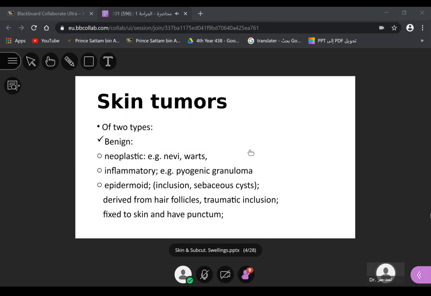These are examples of benign skin swellings. Nevi and warts are benign swellings that can be encountered in the skin.